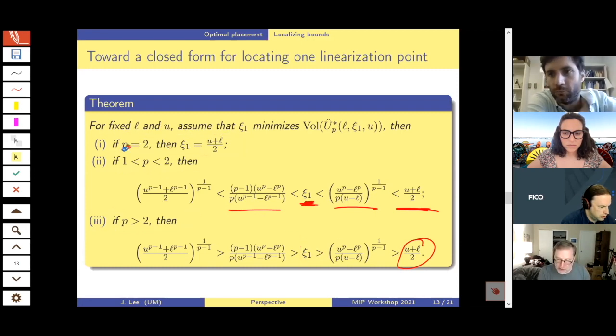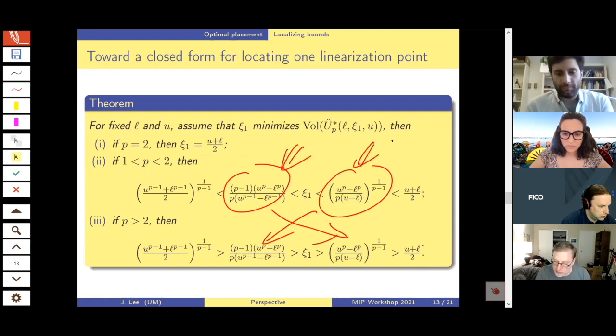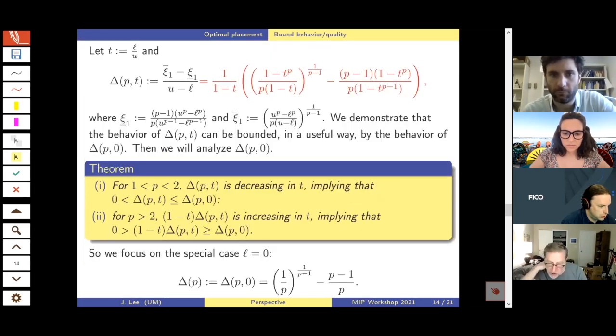So these are complicated expressions, these guys here. It's the same thing there. So these two things are complicated expressions, and it would be nice to understand, are these good bounds or not? Are they close to each other or not? It's hard to deal with that because you have the L and the U, and so you have 2 degrees of freedom. So we parameterize this in a certain way. We let T be L over U, so a number between 0 and 1.